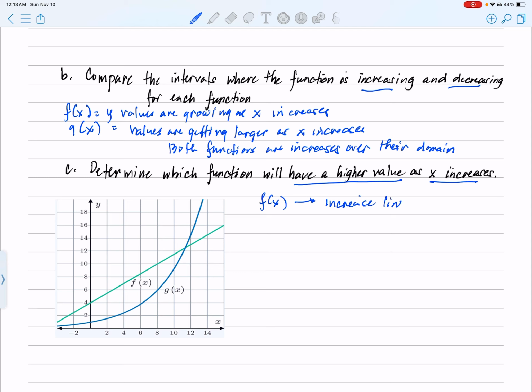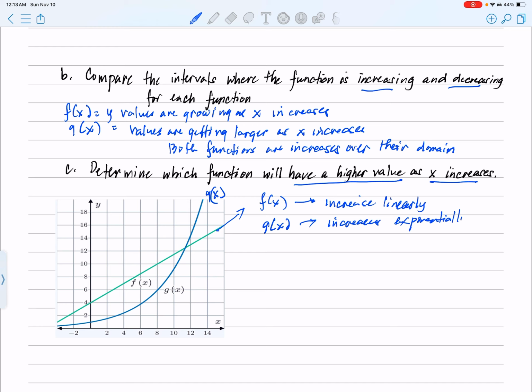If you can see, it's very visible, it is going up. But in g of x, how does it increase? We're talking about g of x here, and this is f of x. It increases exponentially, since g of x is an exponential function.